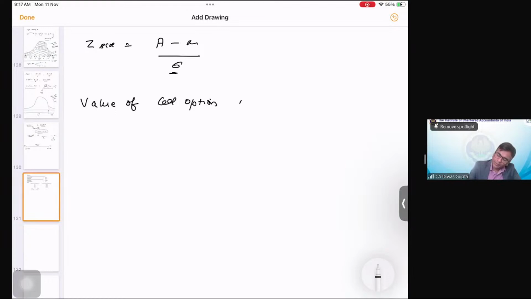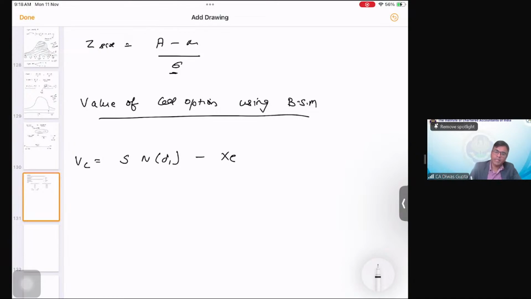Value of call option using BSM, the Black-Scholes model. First, let's write the formula. Value of call option is equal to spot price times N(d1) minus X e raised to minus RT times N(d2). Here I'm using X as the exercise price, not as a multiplication sign. Clear? This is the formula.